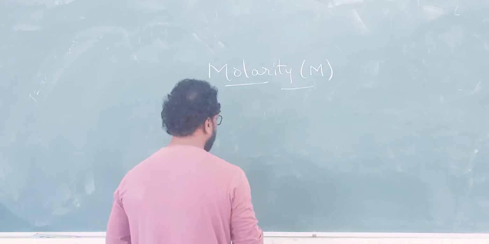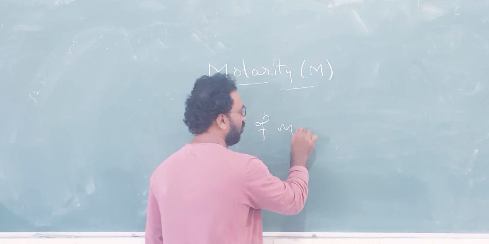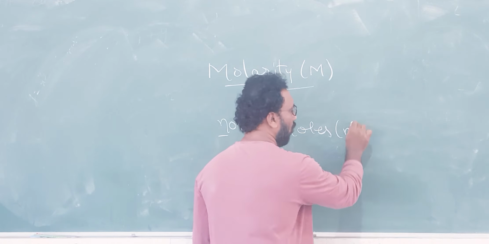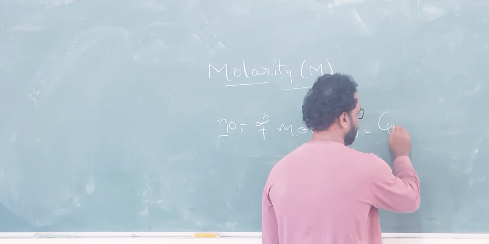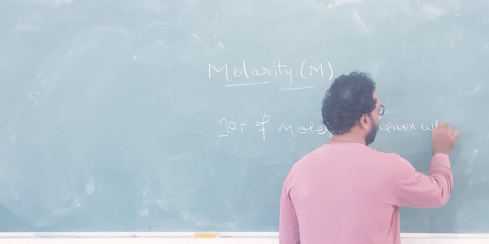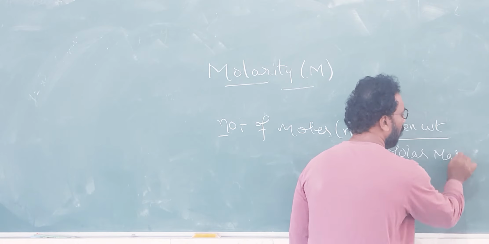Number of moles is usually denoted with small n, and the formula for this is given weight by molar mass.